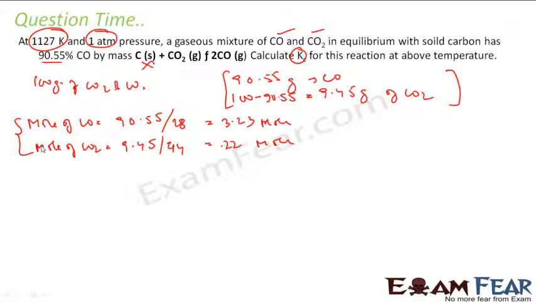But I have to find moles per liter, concentration, and the volume is not given. So since the total pressure is given, I can find the partial pressures and find Kp.